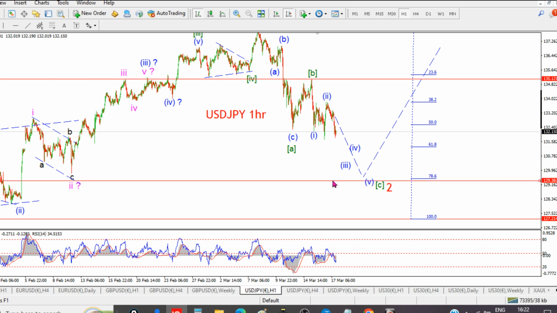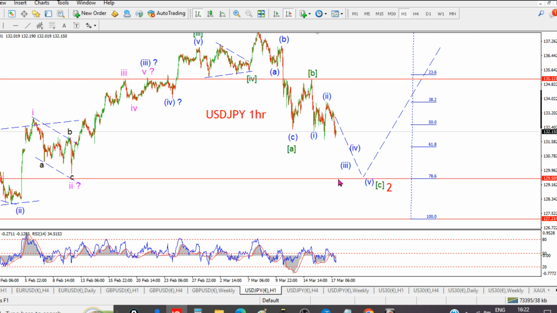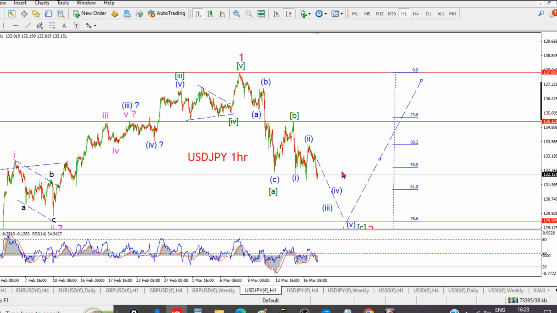That would be somewhere down around the 78.6 retracement as well. So 129.50, that would complete wave C. And also around that area is where wave A and wave C would reach equality. So that would be a pretty sweet throwout decline, pretty standard, fairly deep, but second waves are usually quite deep.